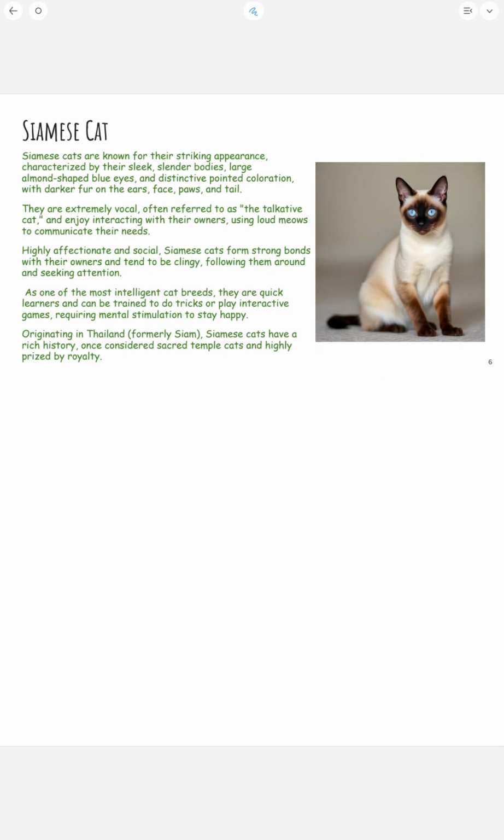They form quite strong bonds with their owners and tend to be quite clingy, following them around, seeking attention. They're one of the most intelligent cat breeds, and they're almost like dogs in a way, because they're quick to learn, and you can teach them tricks and play games. But because they're quite intelligent, they require quite a lot of stimulation to stay happy.